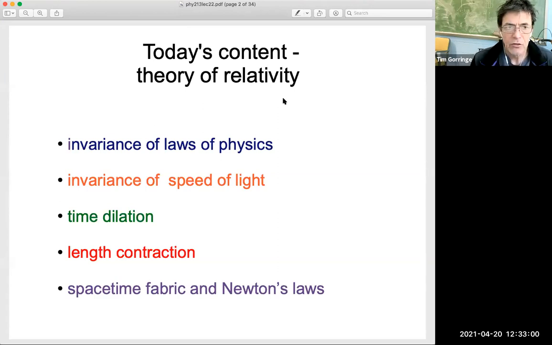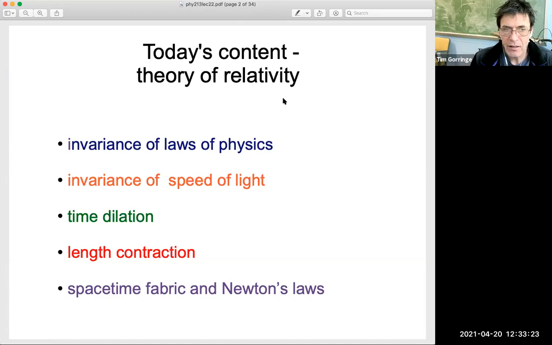We'll then talk about two of the key consequences of Einstein's theory of relativity. So one of them that is contrary to everyday notions, to common sense, is what's called time dilation.